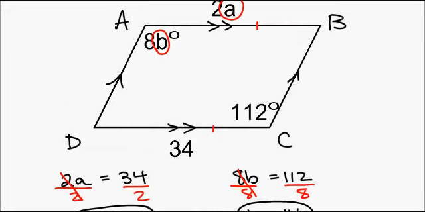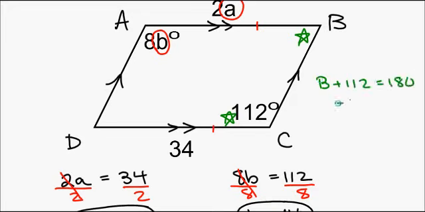If I wanted to find angle B, that would be very easy. So I know that B and C would have to equal 180 degrees. So I could say B plus 112 equals 180.